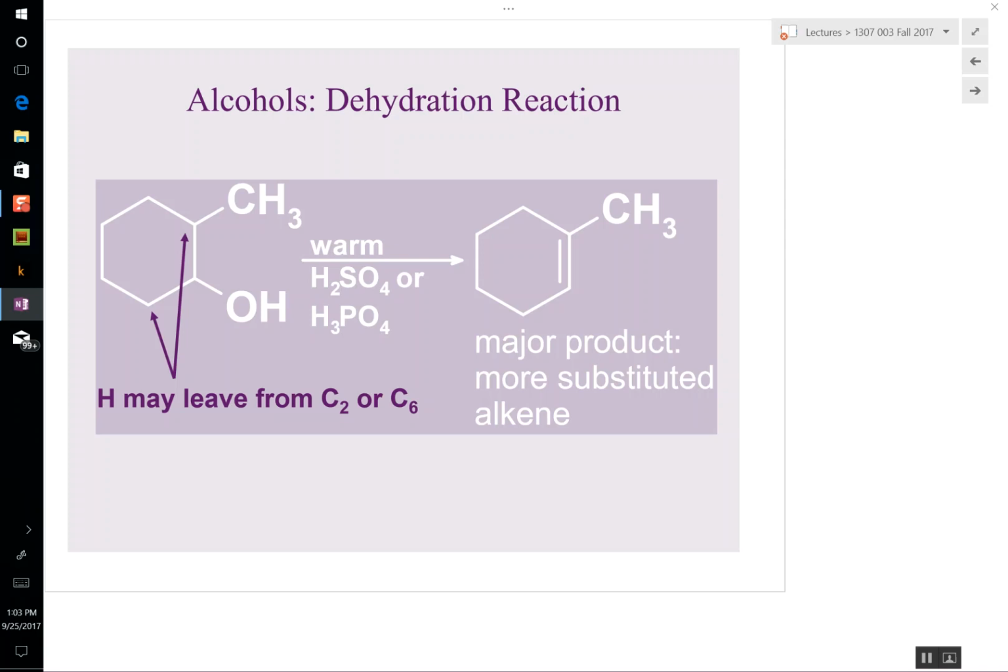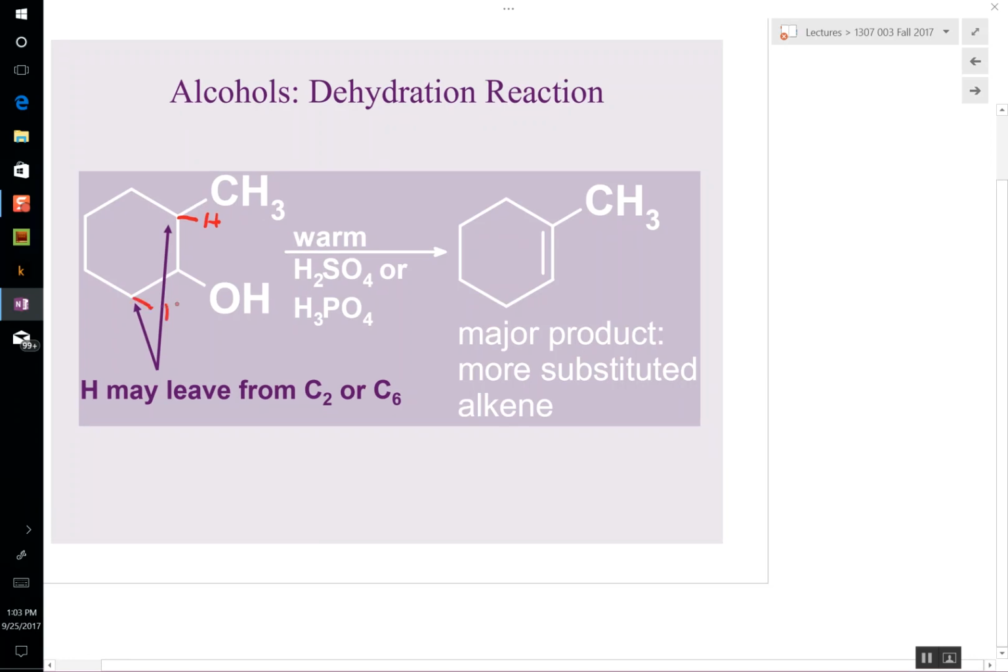Just keep in mind that there is a hydrogen right there, and there is a hydrogen right there. Even though we got a cyclical alcohol right here, we do have carbons on either side of that OH, and there's a hydrogen, there's a methyl.